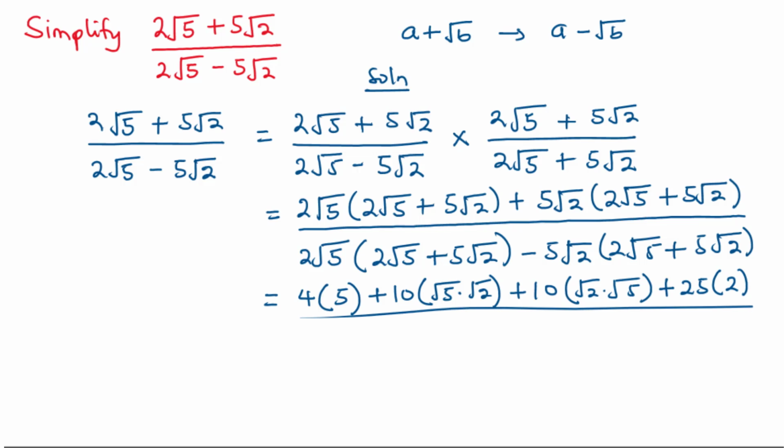All divided by 2 times 2 is 4. Root 5 times root 5 is 5. Plus 2 times 5, we have 10. And then root 5 times root 2 is root 5 times root 2.